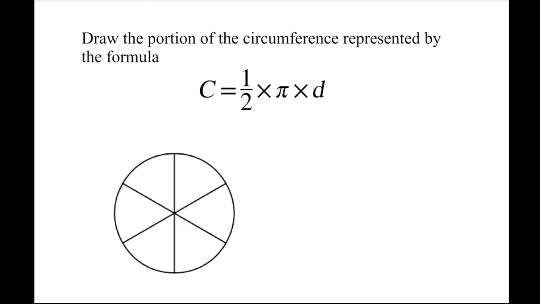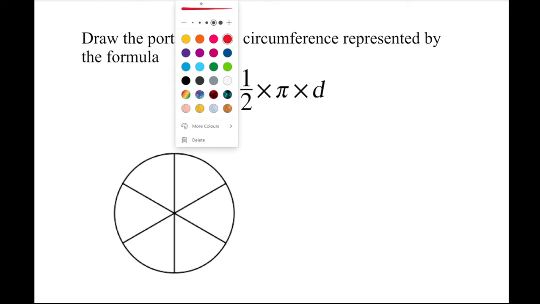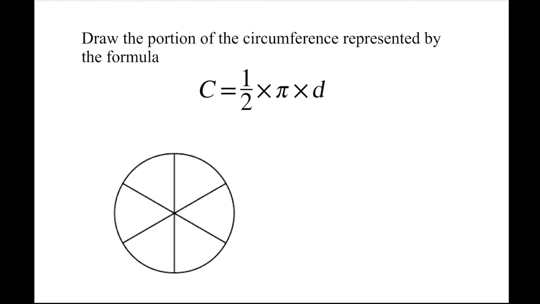So in our formula here, C equals 1/2 times pi times diameter, I want to draw on this circle, or highlight, whatever you'd like to call it, the portion of the circumference that I'm representing.